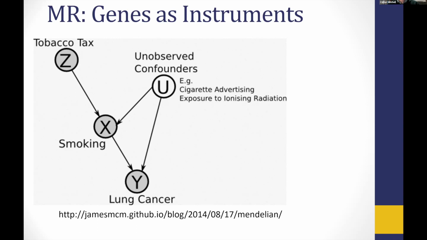In this case, that happens to be a tobacco tax, which changes smoking levels, and then you can compare maybe people who live in one tax versus a different tax and their lung cancer. Do they have similar or lower lung cancer rates? So, instrumental variable, not nearly enough time to talk about instrumental variables.